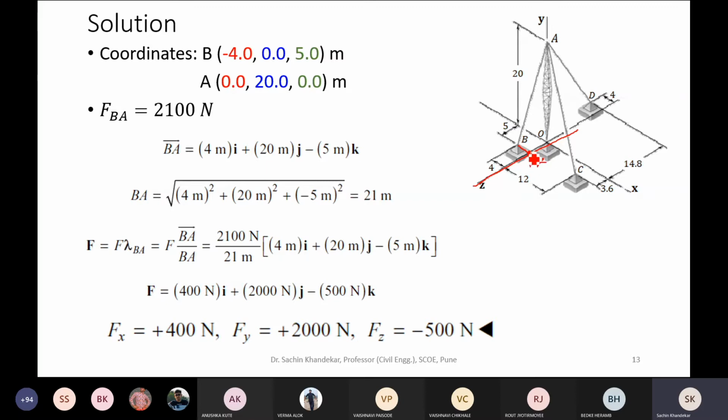Then you measure the distance of Bz from the origin. This will be the z coordinate of point B. How much is that? It is given here, which is 5 meter. Now plus or minus? From this figure it is clear that Bz is on positive Z axis side, so plus 5 meter.